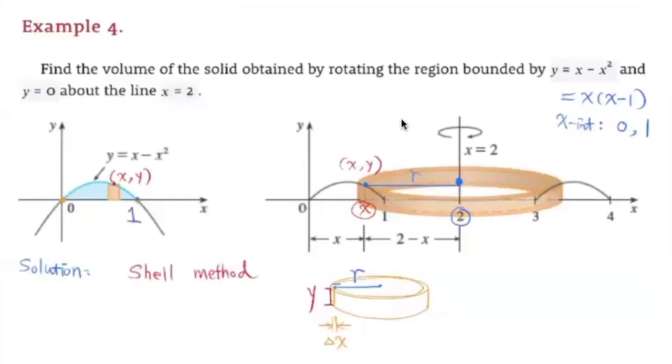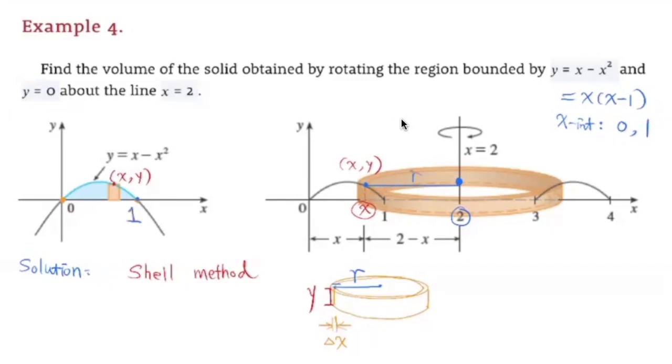Example 4. Find the volume of the solid obtained by rotating the region bounded by y equals x minus x squared and y equals 0 about the line x equals 2. So y equals x minus x squared; if I factor this, it's going to factor into x times x minus 1. So I know the x-intercepts are 0 and 1.